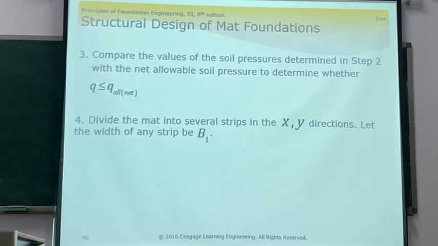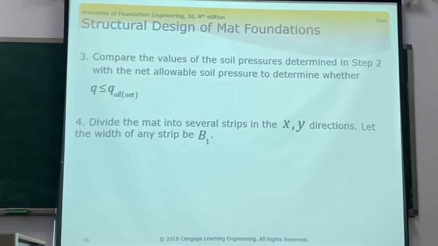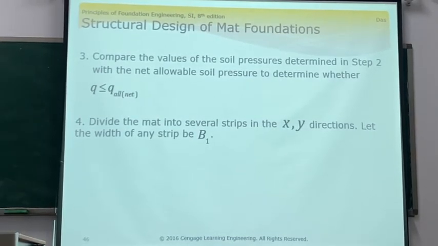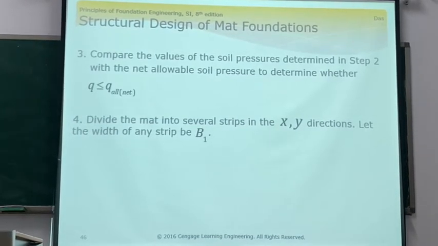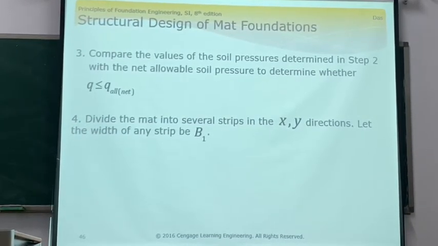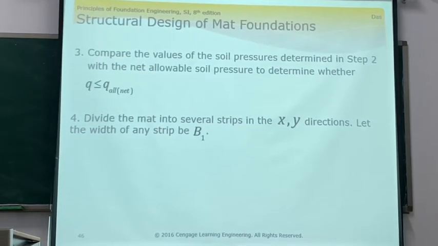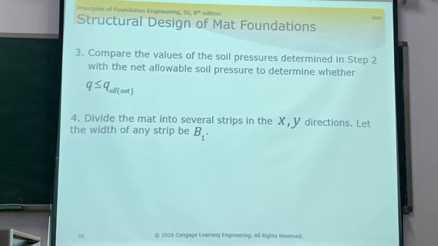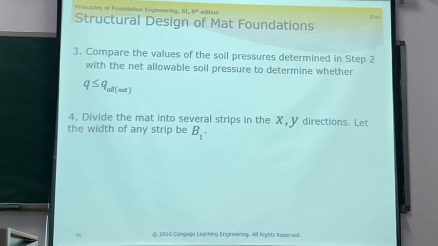If the Q is bigger than the Q net allowable, then you can redesign your foundation. Maybe you can increase the size of the foundation, increase the width or the length, and so on. Maybe you can increase the depth of the foundation and so on.